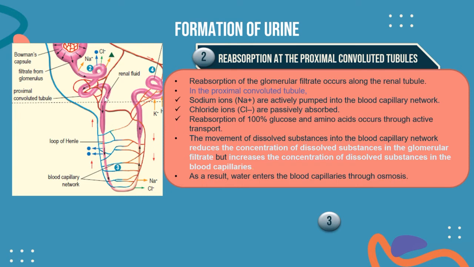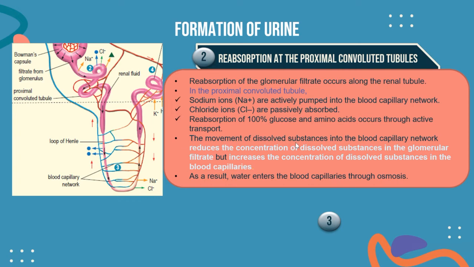Inside the glomerular filtrate in the tubule, there are glucose and amino acids. So 100% of the glucose and amino acids are diffused into the blood capillary by active transport.